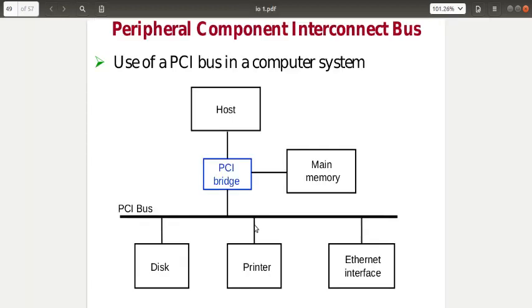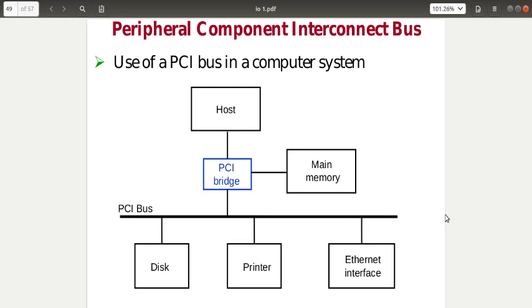Okay, the next parallel port that we will discuss is the PCI, or Peripheral Component Interconnect Bus. Earlier, SASI connections were used between the processor and a single device, right?